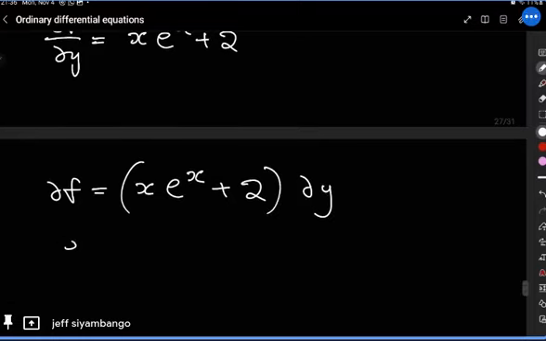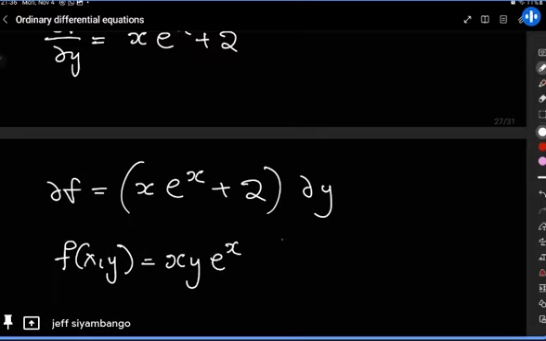We have f, a function of x and y, equal to, since it's with respect to y, we introduce a y each time: xy e to the x, this is another constant, so it's going to be plus 2y there, and then plus a constant h. But since we're integrating with respect to y, we know that our h here must be a constant that depends on x. So that constant must depend on x.